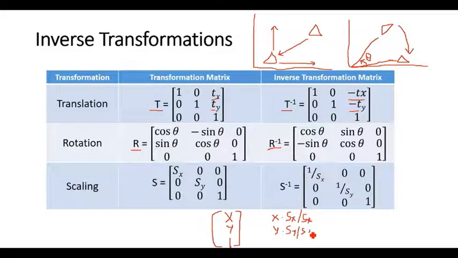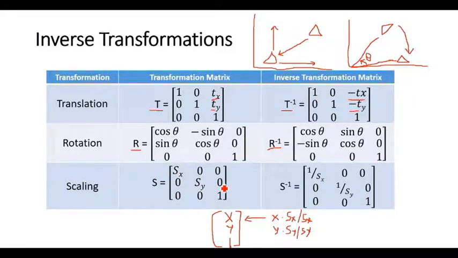If I do this, I would get my x back. If I do this operation, I would get this. So if I multiply this, it would scale that object by Sx and Sy.